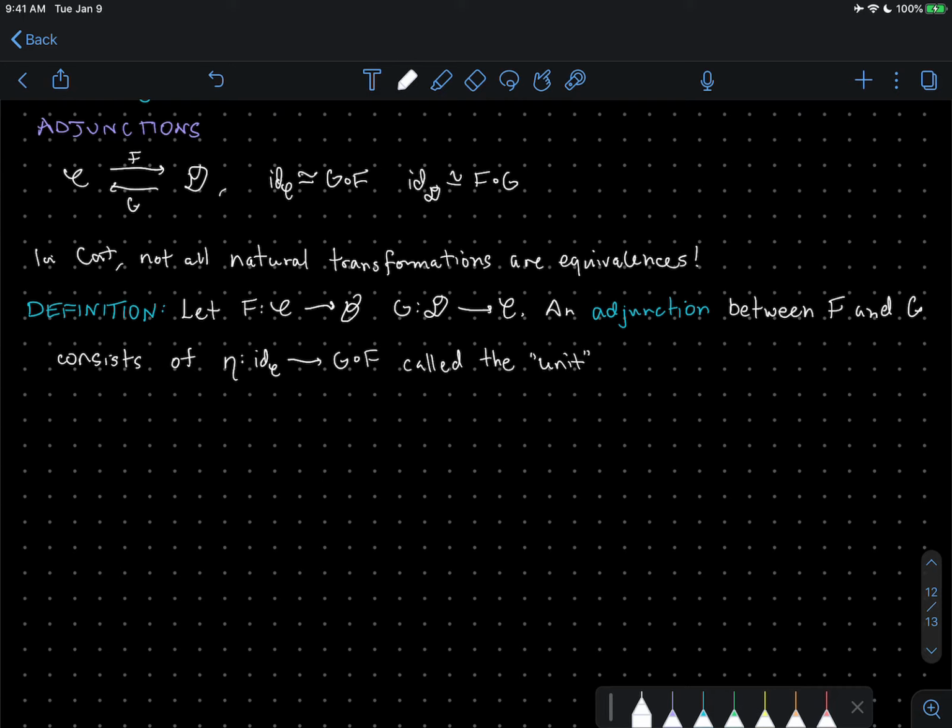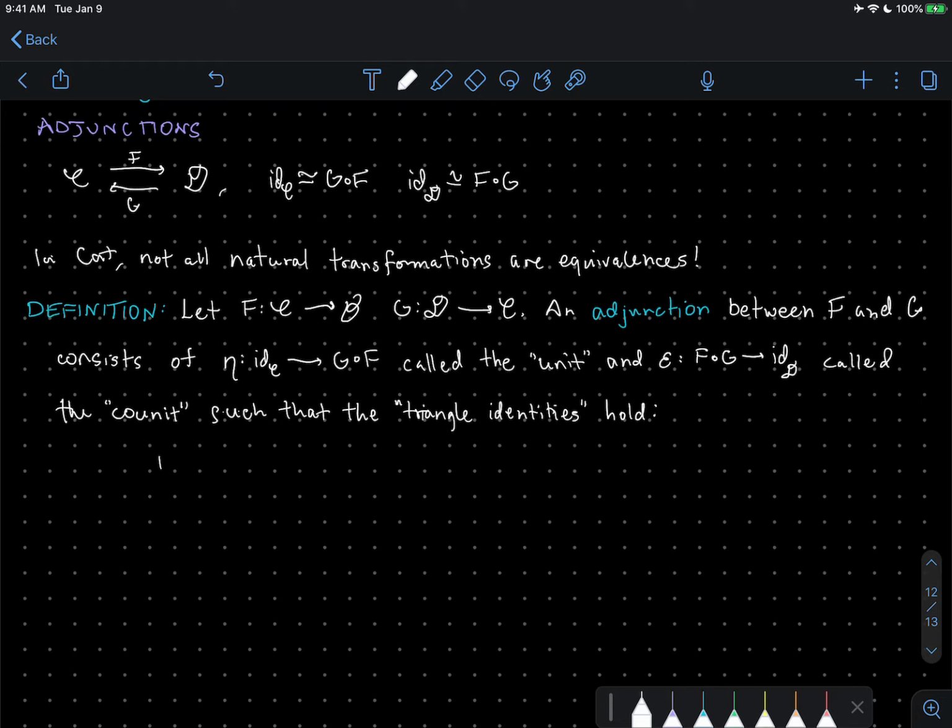And a natural transformation epsilon that goes from F composed with G to the identity functor on D. And this is called the co-unit. Making the following triangle diagrams commute, such that the triangle identities hold.